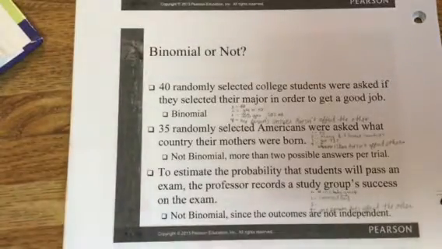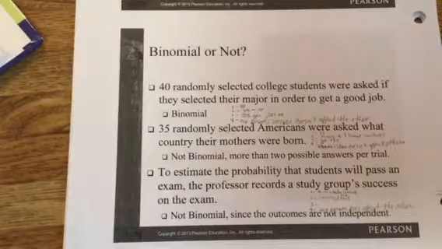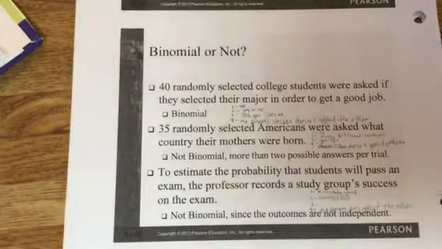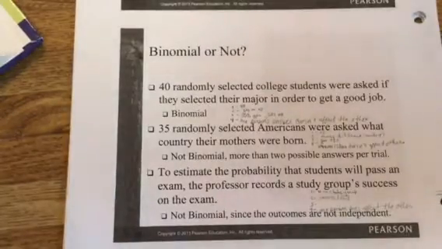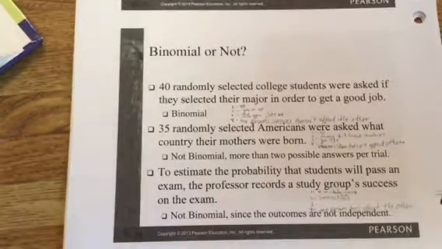So there were some here that you had to look to see if they met or not. The first one says 40 randomly selected college students were asked if they selected their major in order to get a good job. Yes, it is binomial because there's a set number, which is 40.